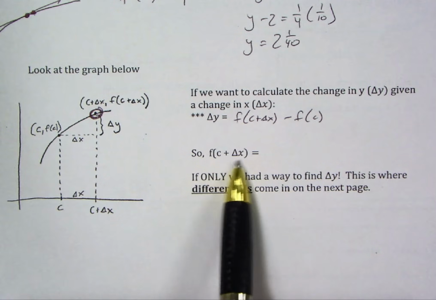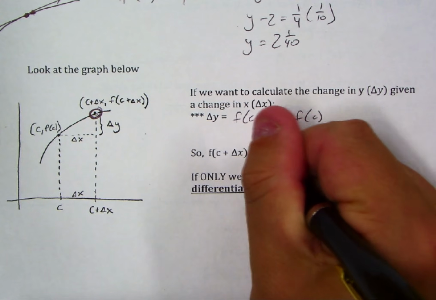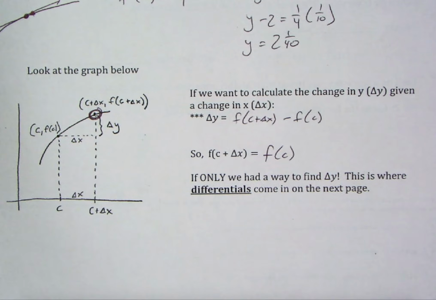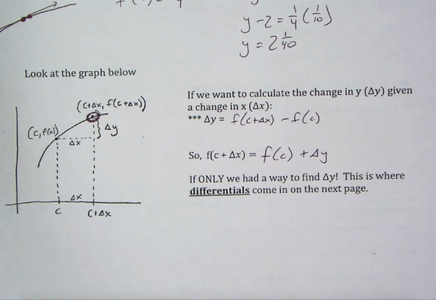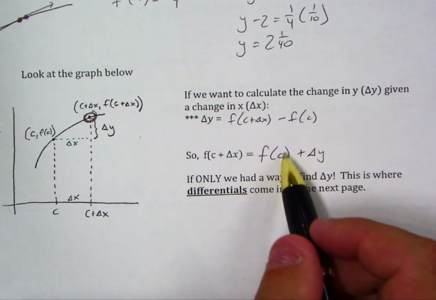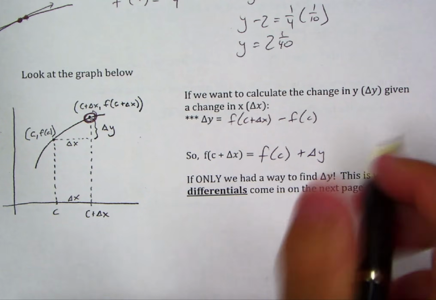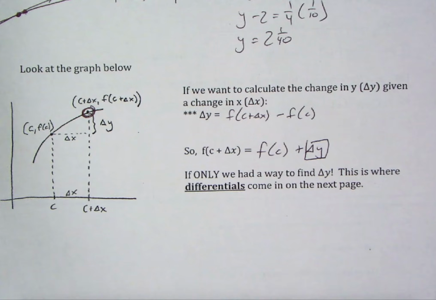So that value that we're after, if I just add f of c over, it's whatever f of c is, which we know, plus delta y, the change in y. So I know what f of c is going to be. That's going to be the easy value to find. If only I knew what delta y was, then I'd be able to answer the question very, very easily, right?